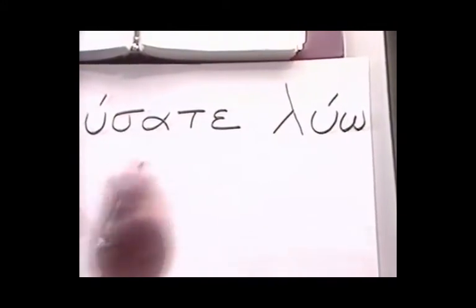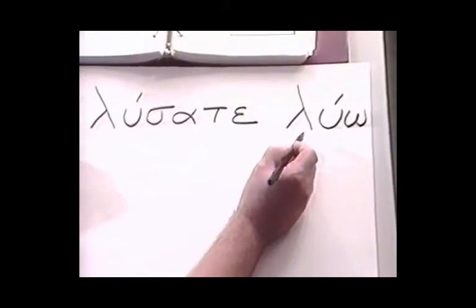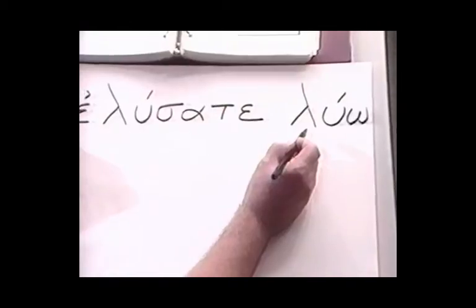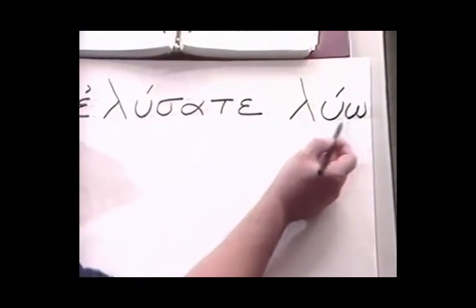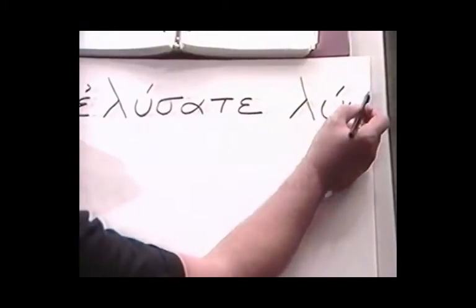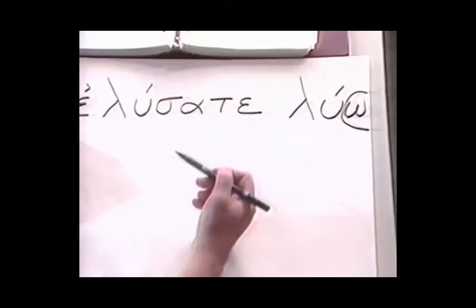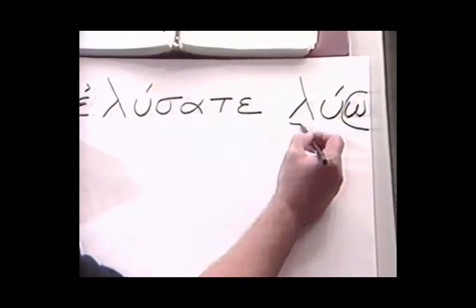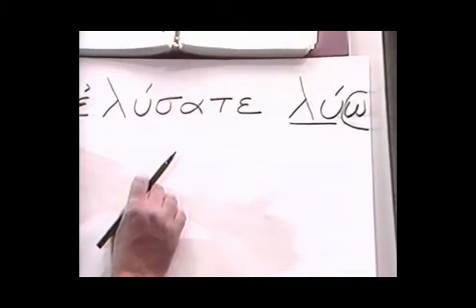And by the way, what is the present tense stem of this verb? We take the lexical entry, we take the personal ending, and we remove it. And what we're left with is the present tense stem of the verb.